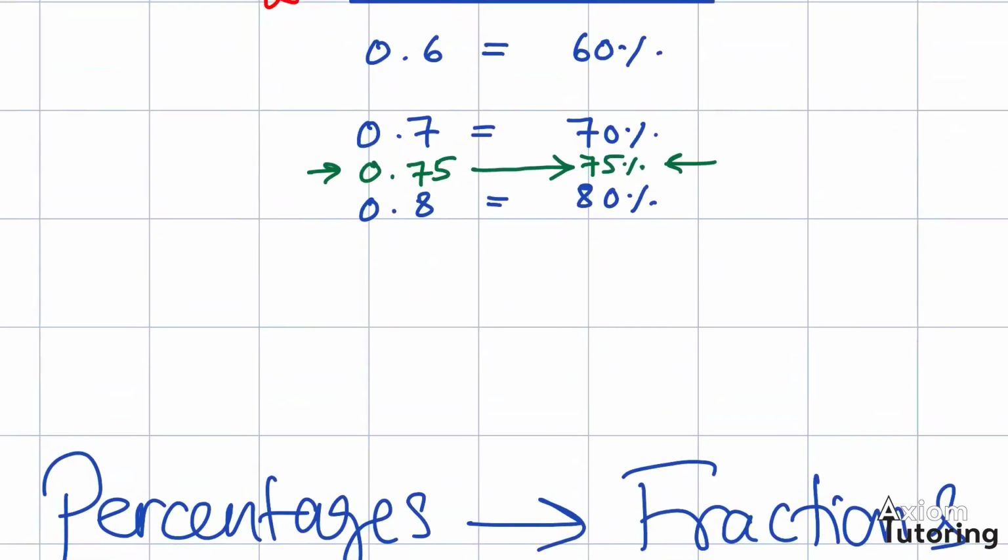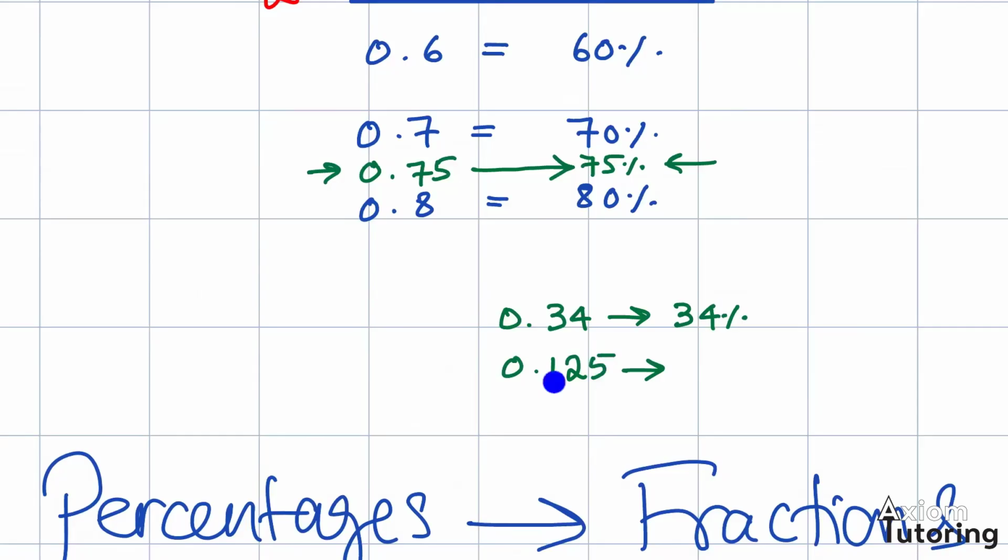Now, you should be able to take any decimal, like 0.34, and know that that is equal to 34%. What about if there were 3 numbers instead? Well, if we only had the 0.12, we know that that would be 12%.